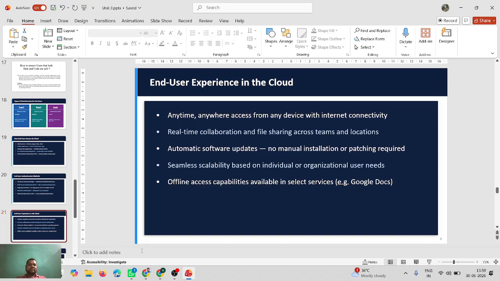And seamless scalability, scaling down or scaling up is also possible depending upon the service provider or organizational needs, right? And offline capabilities are also available in some service providers.